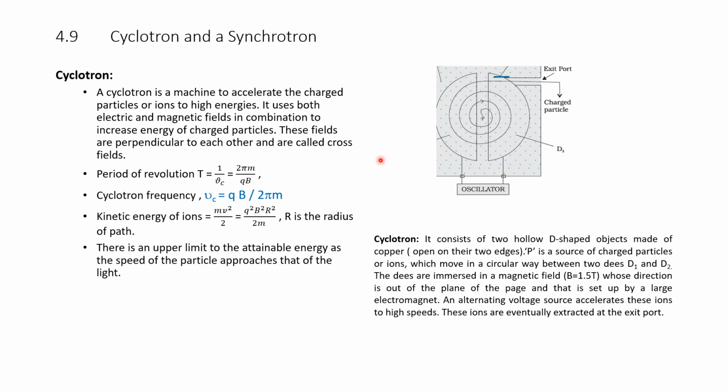Period of revolution T is given by 1 over nu c, that is equal to 2 pi m by qB, as we have derived in the previous section. Therefore, kinetic energy of ions is equal to mv squared by 2, that is equal to q squared B squared r squared by 2m, where r is the radius of the path.